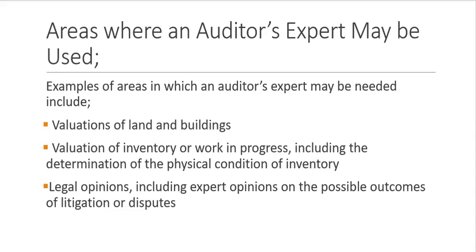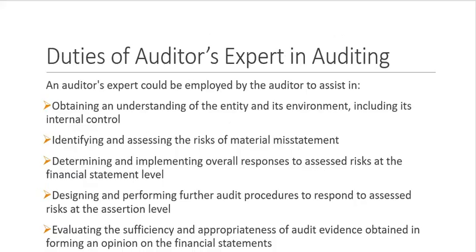Also, for issues of work in progress or inventory valuations, you can call somebody. Also for issues of expiry dates and obsolescence, somebody can come in to help you. Legal opinions, including expert opinions on possible outcomes of litigation disputes: you can invite a lawyer to help you in such decisions.